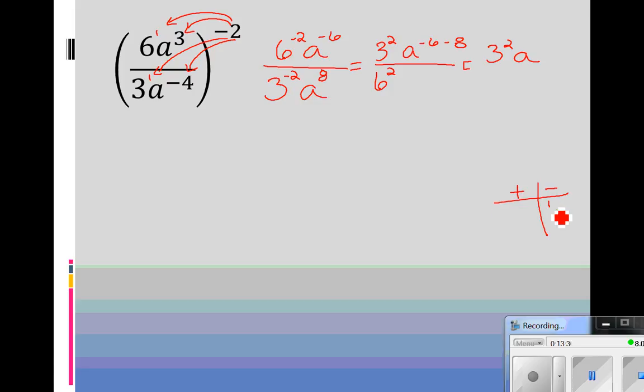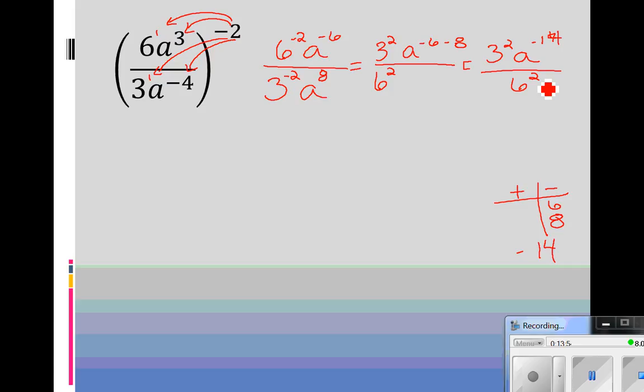negative 6 minus 8, both on the negative, that would be negative 14. Negative 14th power, my 4's keep messing up, all over 6 to the 2nd. Well, we have another negative exponent, so we have to move a to the negative 14th downstairs.